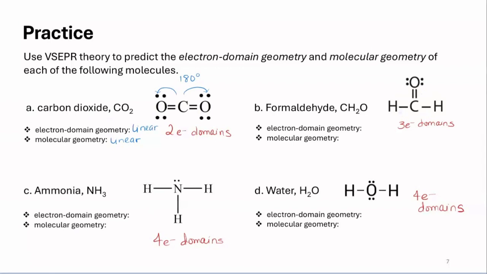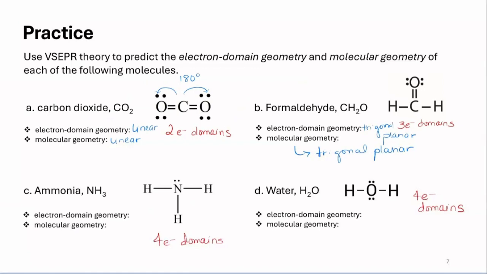If we go back to the information on slide 5, a central atom that does not have lone pairs means that its electron group geometry or electron domain geometry is going to be trigonal planar, and the molecular geometry is also trigonal planar.